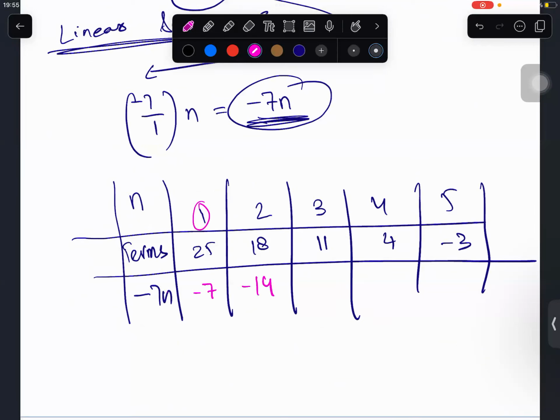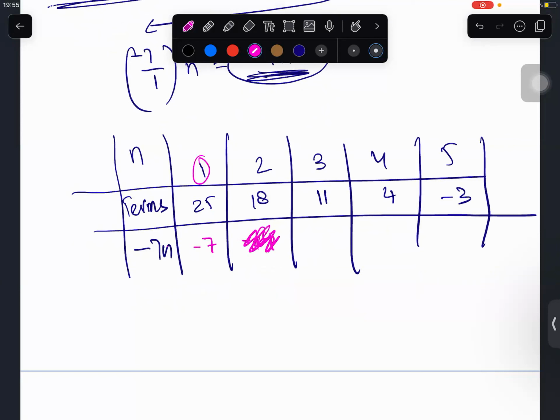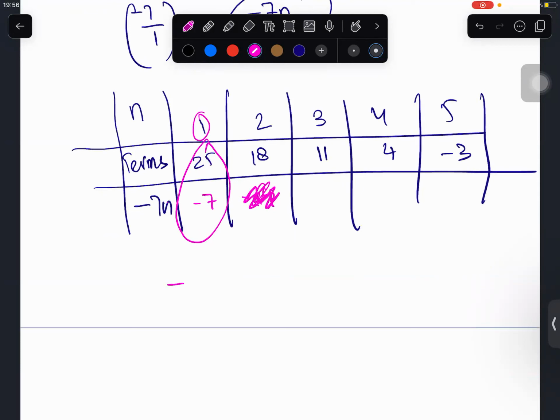Or in fact, as this is a linear progression, when you're doing linear progressions, what you can basically do is just see, you have -7, and then you have 25.